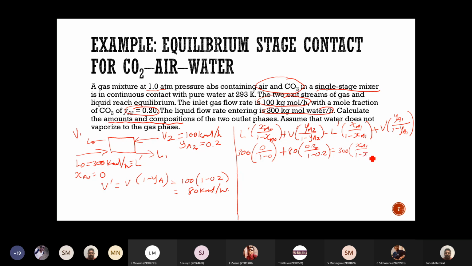XA1, 1 minus XA1 plus 80. And we don't know what YA1 is. So you've got this one equation only, and there's two unknowns. There's XA1 and YA1 that are unknowns. So now we need another equation. Where do we get that other equation?